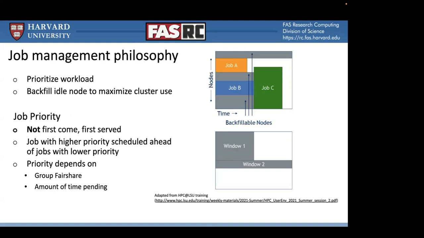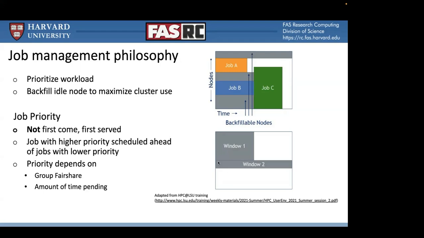So, job management philosophy. How does a job scheduler work? The idea behind the way in which we have optimized Slurm is we want to maximize the cluster usage. The cluster is not really of much use if it's just sitting around waiting for perfectly sized jobs to fill it. So we actually have backfill.